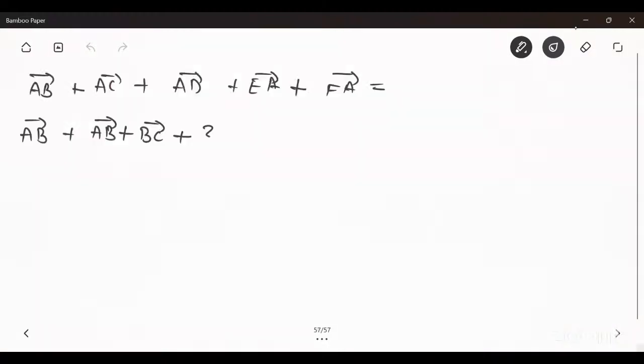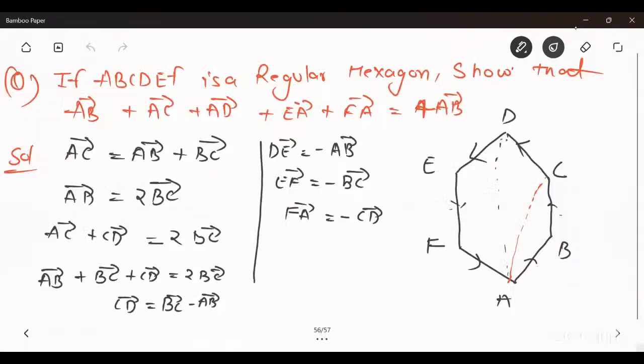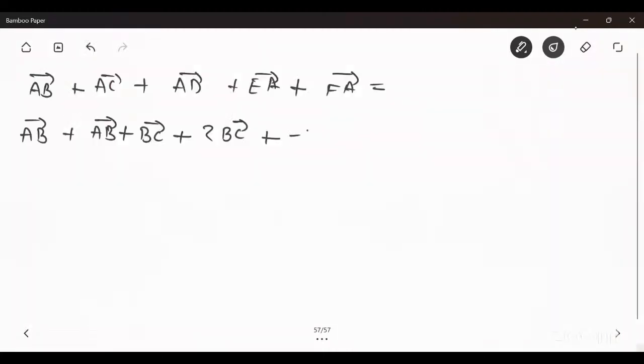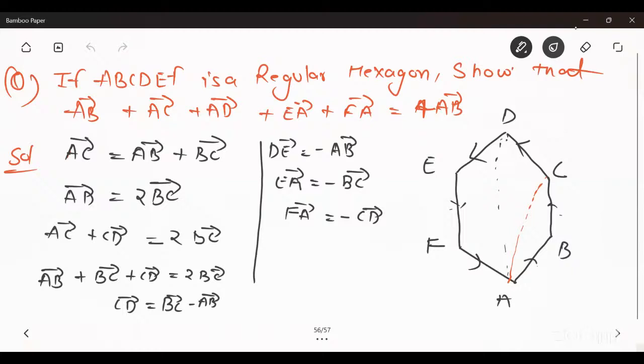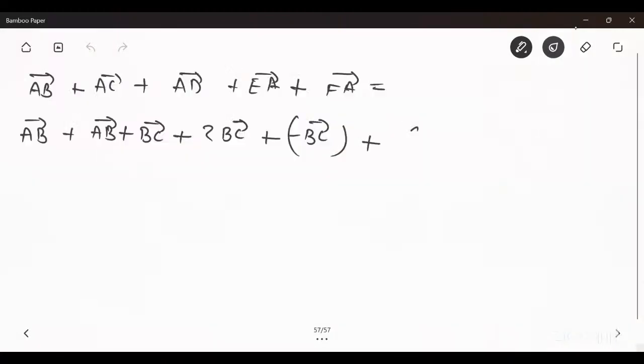So two times of BC vector plus EA vector. EA vector is equal to negative of BC vector, so minus BC vector, and FA vector is negative of CD vector. CD vector is BC vector minus AB vector. So the value of FA vector will be minus BC vector plus AB vector.